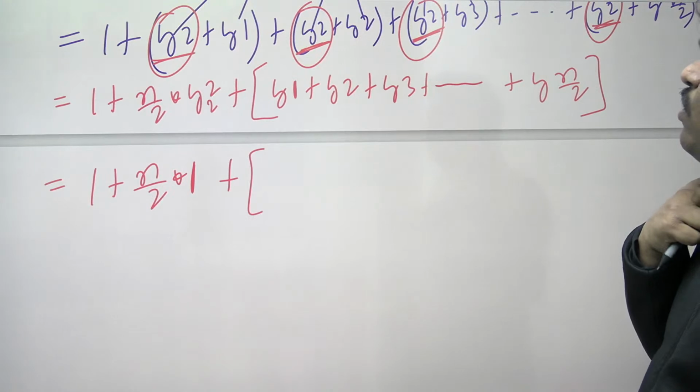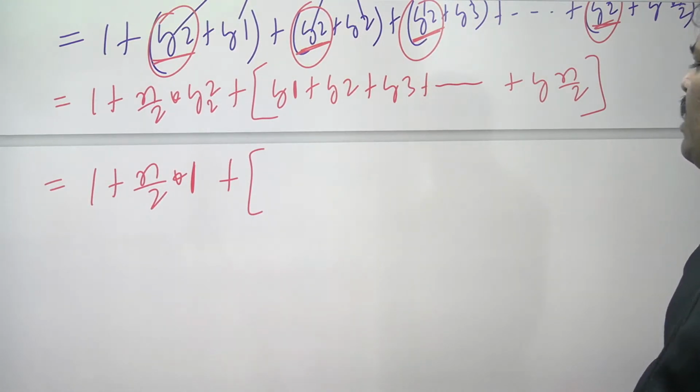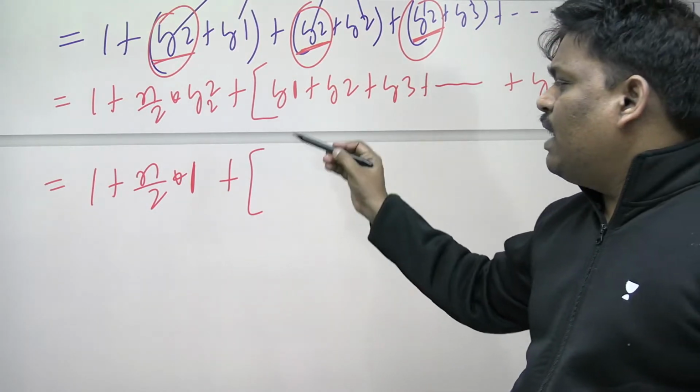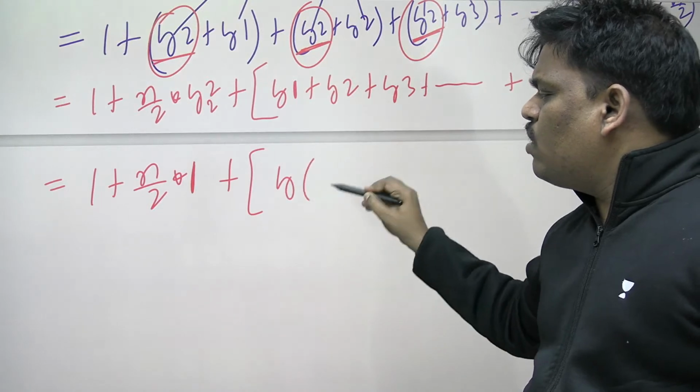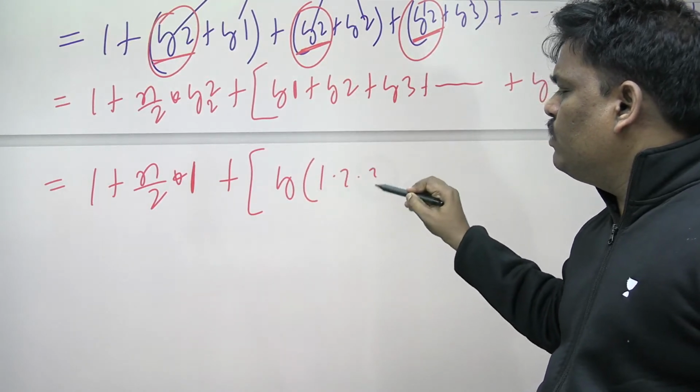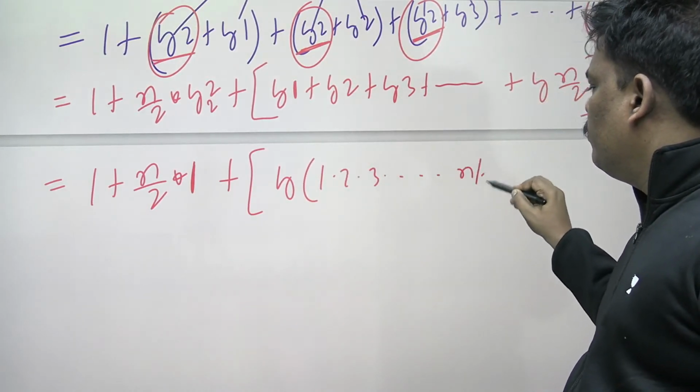Since log m plus log n is log mn, this is log of 1 into 2 into 3 and so on up to n by 2.